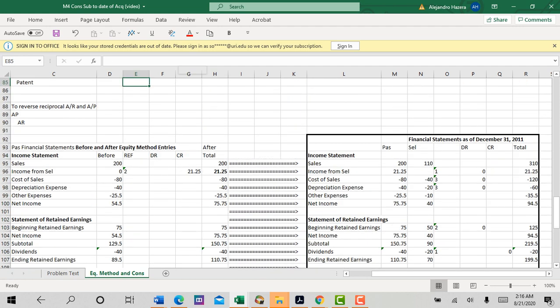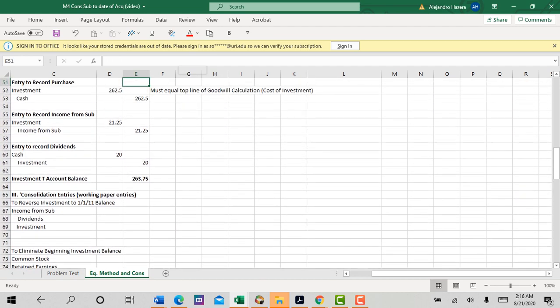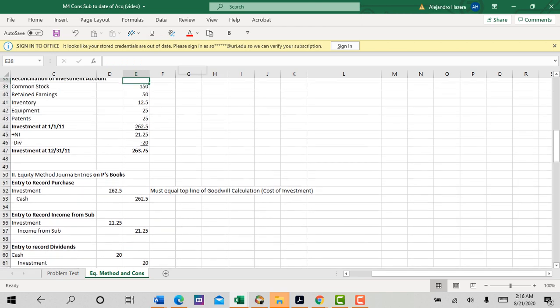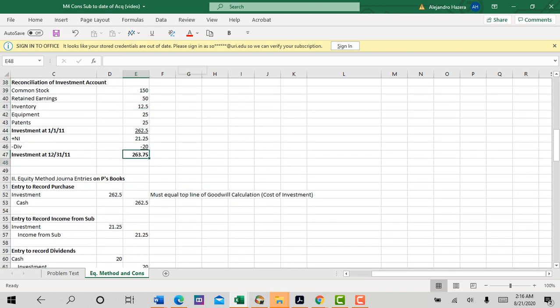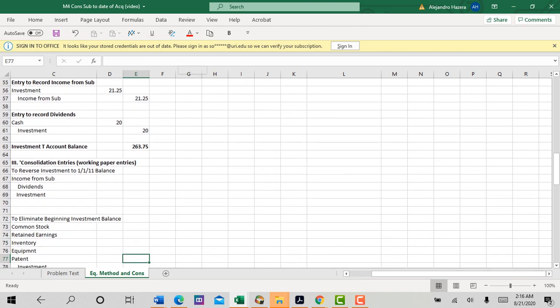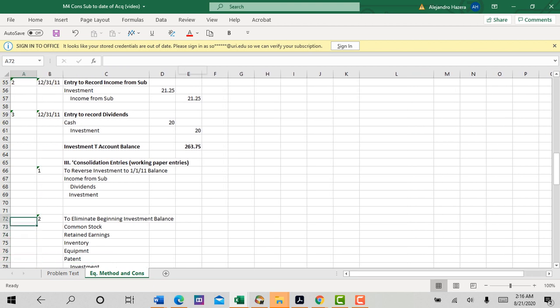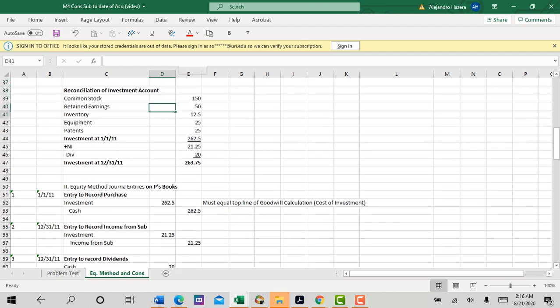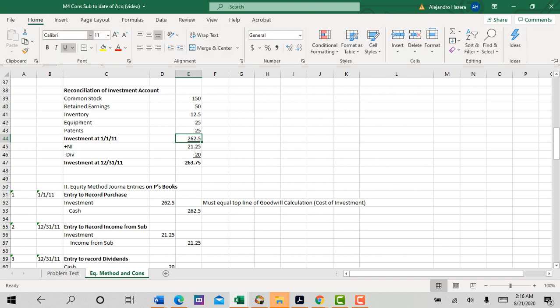Okay, so here's the way this is going to work. We're going to work backwards through the equity method analysis here. In the first entry, notice the purpose of entry number 1 is to reverse the investment to its beginning balance. This is why we do this analysis in this style.